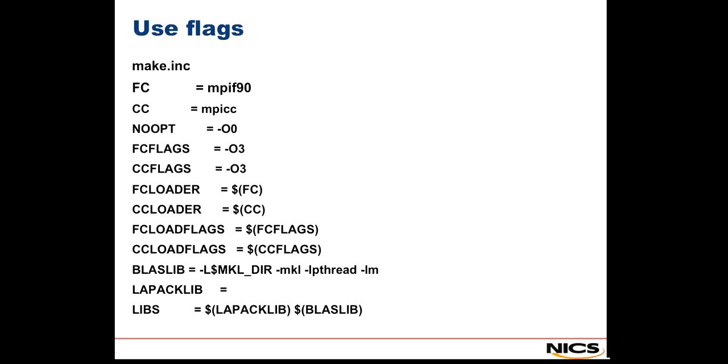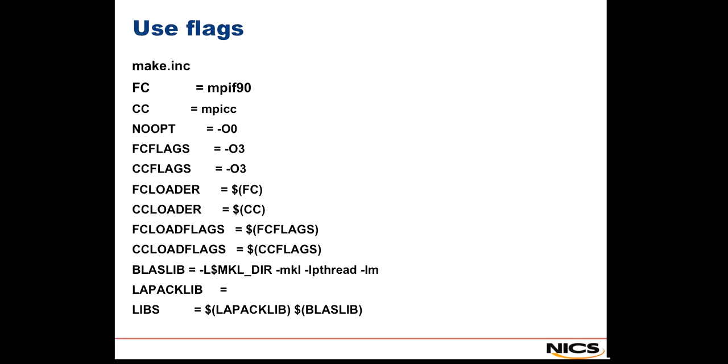In this slide, I list several commonly used flags, such as FC, which means Fortran compiler, and I give an example here. You can assign your Fortran compiler as mpif90 if mpif90 is the MPI compiler in your environment.